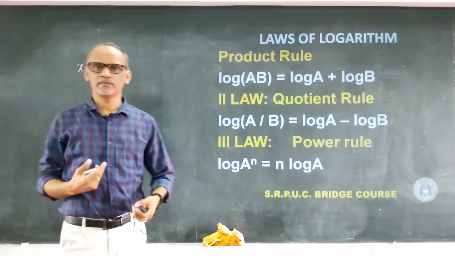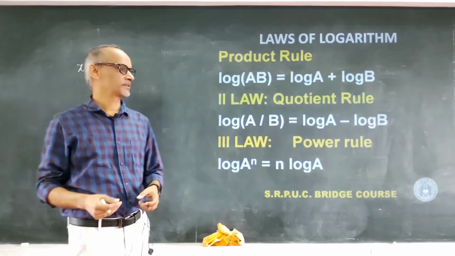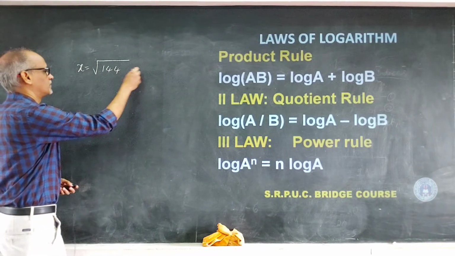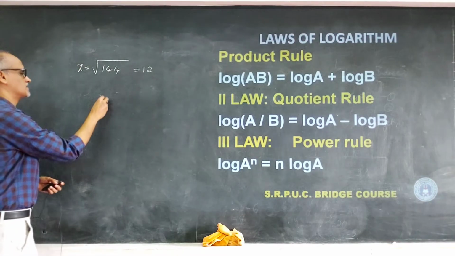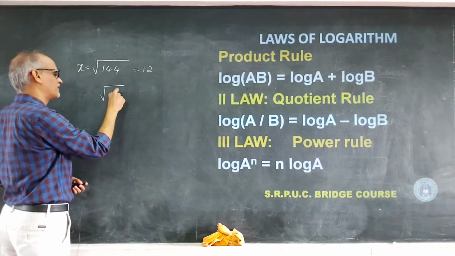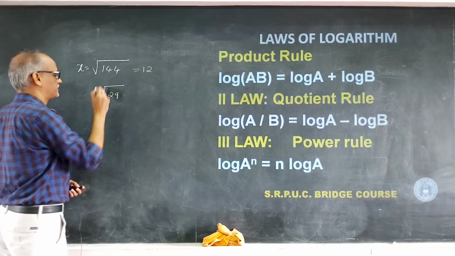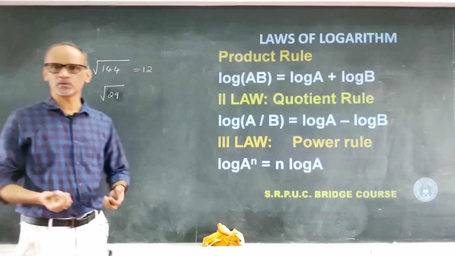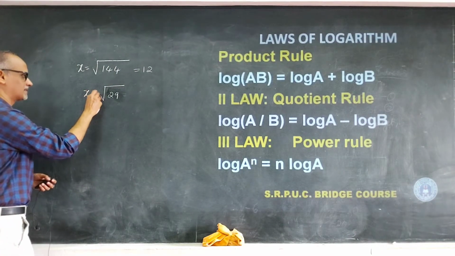When I want to find the square root, I can make use of the calculator directly, correct? So root 144, I'll get that answer to be equal to 12. Suppose there is a number root 27, or let me consider root 29. So this square root also I can find using the simple calculator, and I can even just predict.